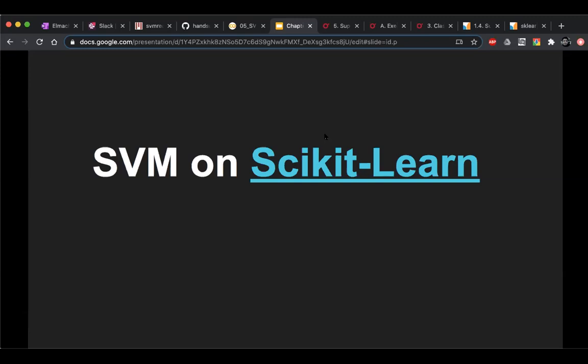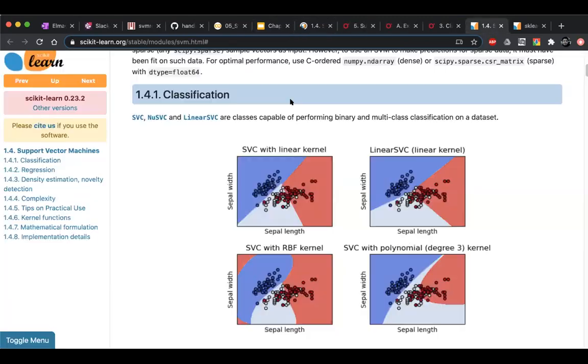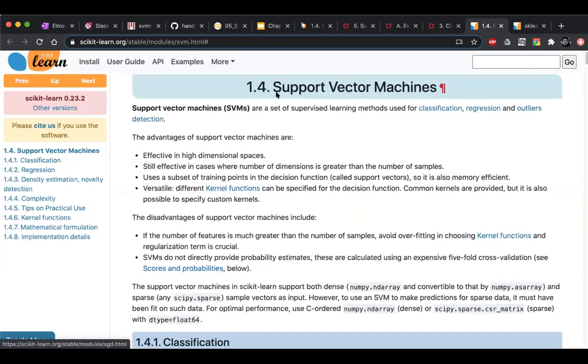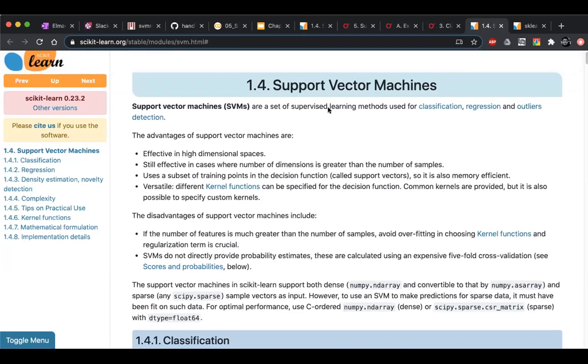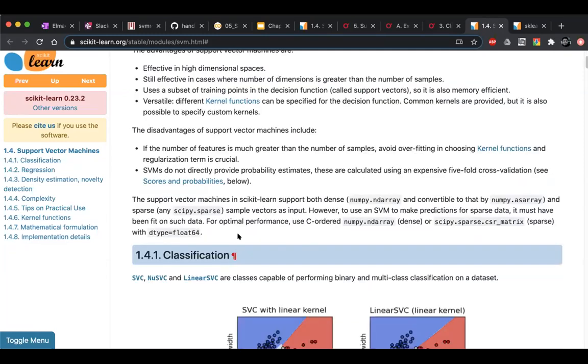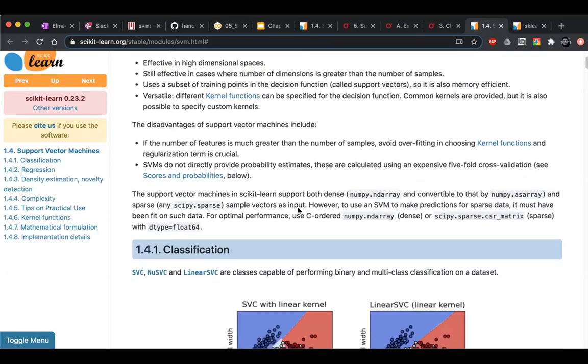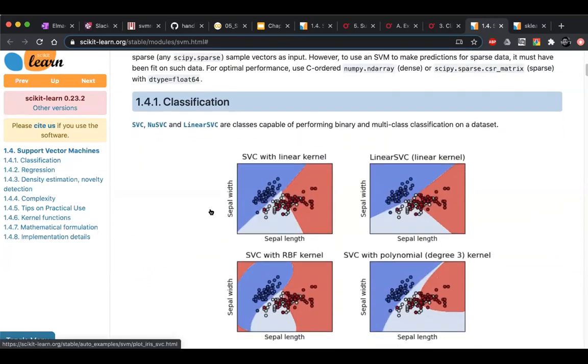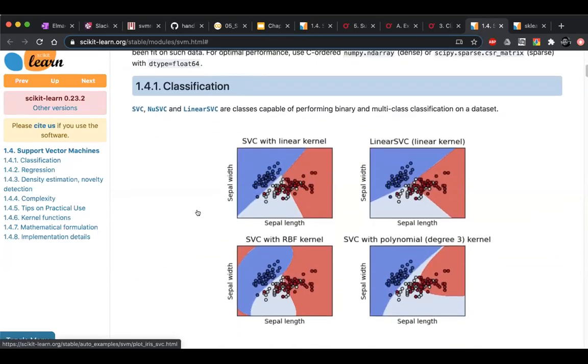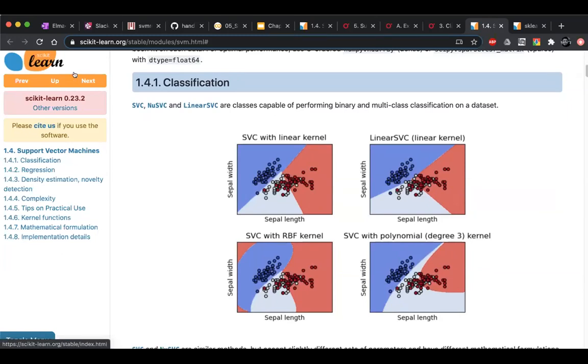So let me just show you, if I go to scikit-learn, actually I have it open here. This is the documentation in scikit-learn for support vector machines. You can see that support vector machines can be used for classification tasks or regression tasks. And for classification, there are some modules or classes that scikit-learn has to offer.